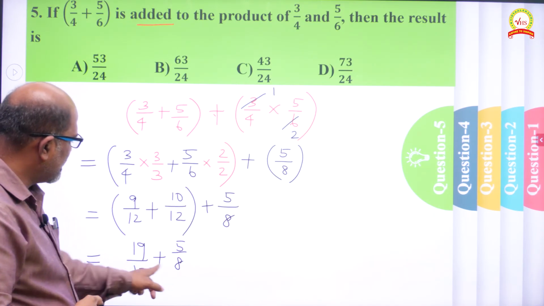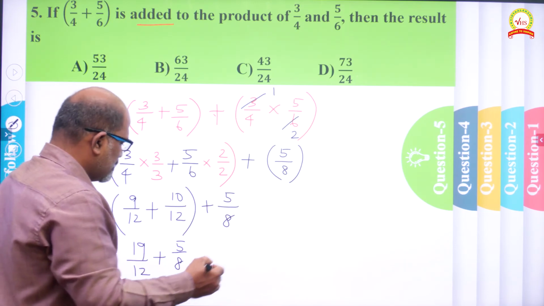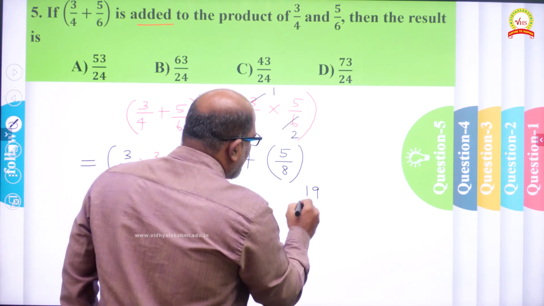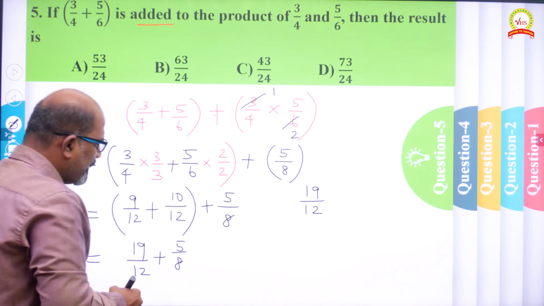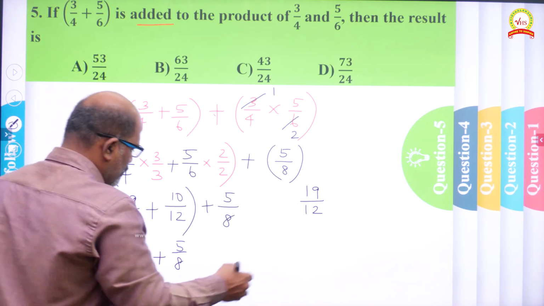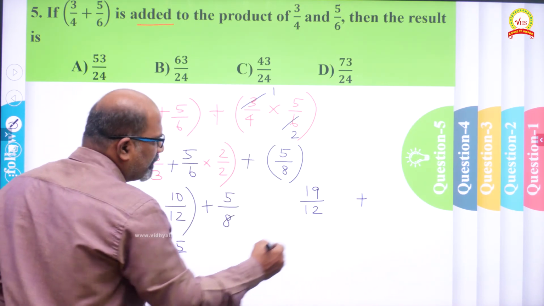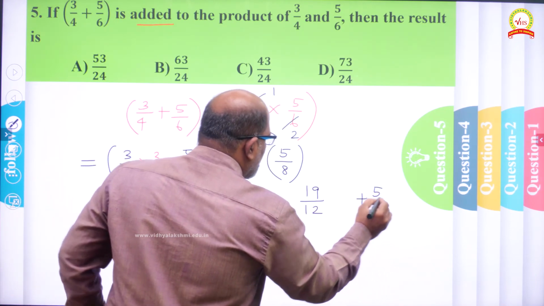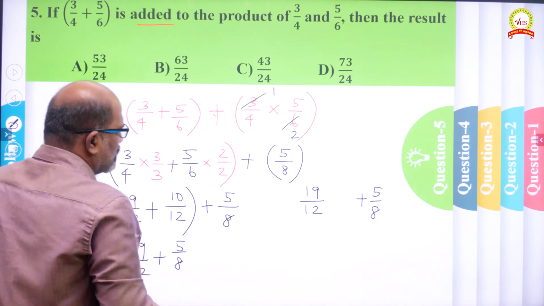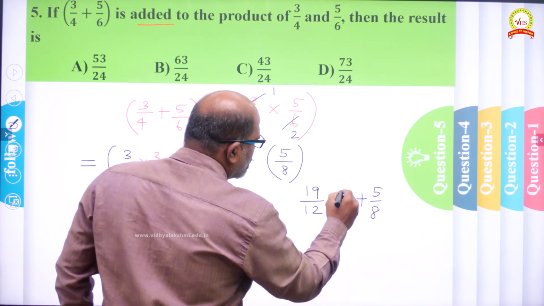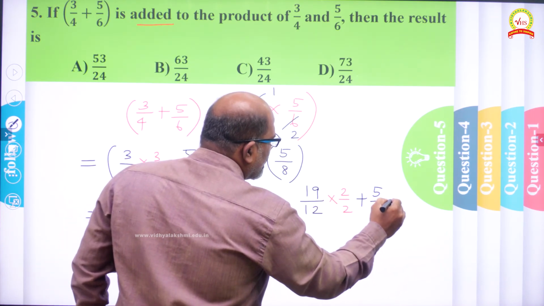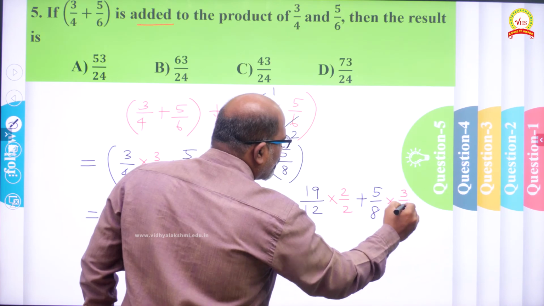So I want to make the denominator 24. For that I am multiplying 19 by 12 by 2 and 5 by 8 by 3.